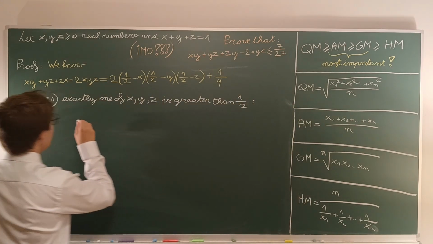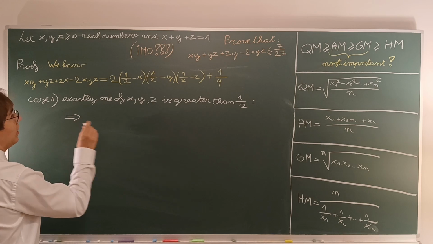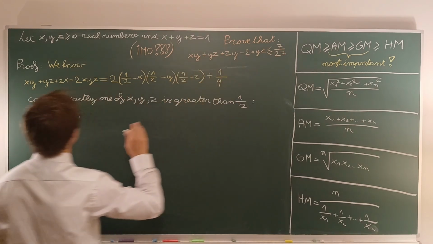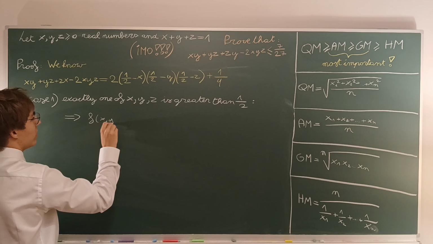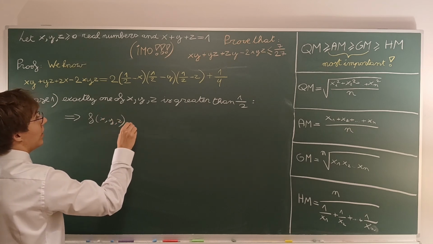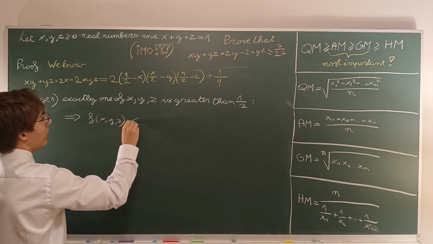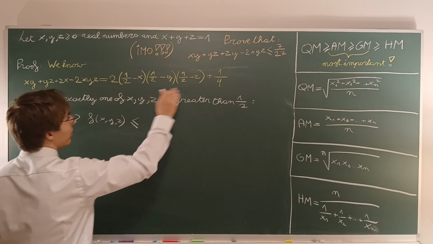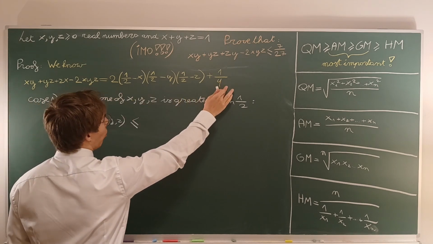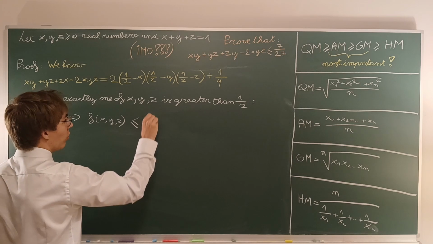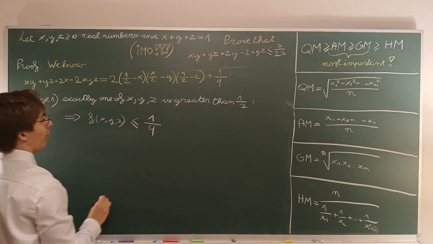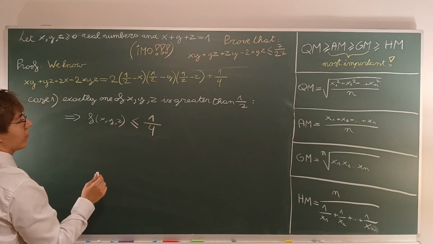which means that this whole product will be negative. So then we can say that the left-hand side, which was f of x, y, z, is less than or equal to a negative number plus 1 over 4, which will be less than or equal to 1 over 4 in this case.